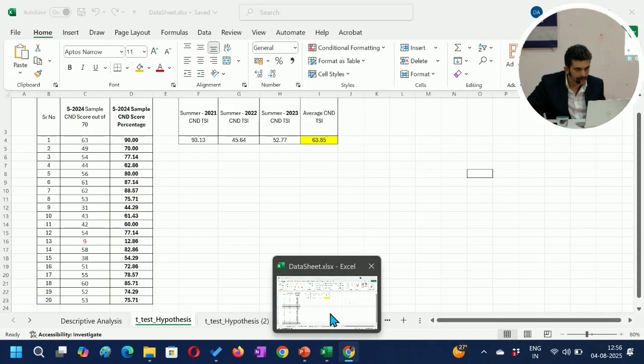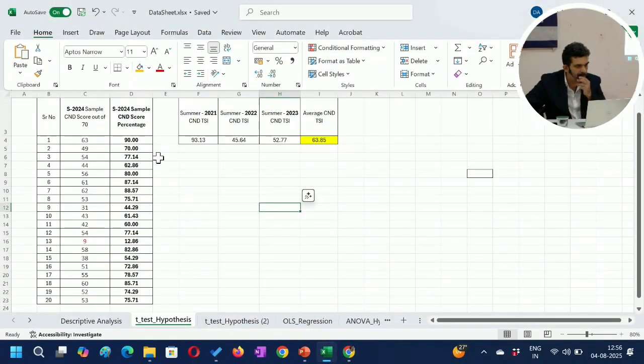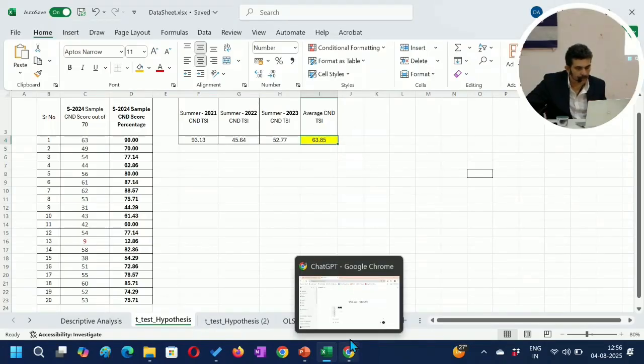Now before writing the prompt, you carefully note down the cells which you are using. I am using the cells from D4 to D23, and the population mean is available in the I4 cell. So you must be very specific while writing the prompt.